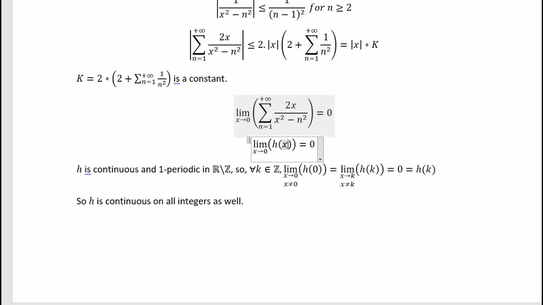So for all integers, the limit when x goes to 0 with x different of 0 of h of x is the same for any integers actually, and that equals to 0 because it's h of k.